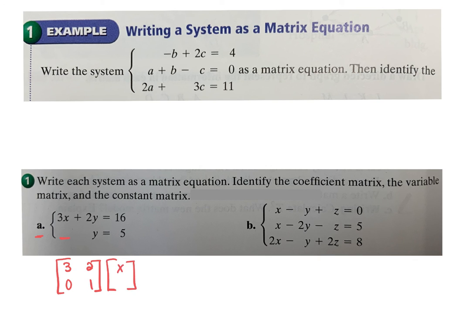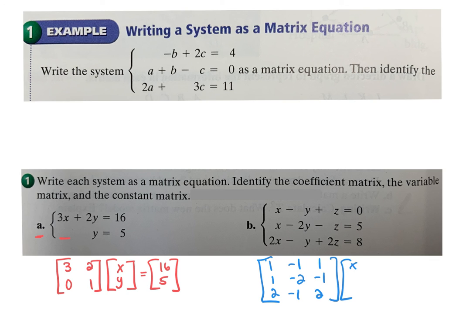My variables are x and y, and my constants are 16 and 5. 3 by 3 works exactly the same. I'm going to say 1, negative 1, 1, 1, negative 2, negative 1, 2, negative 1, 2. In this case, I'm going to have an x, a y, and a z. And then I'm going to have a constant 0, 5, 8.